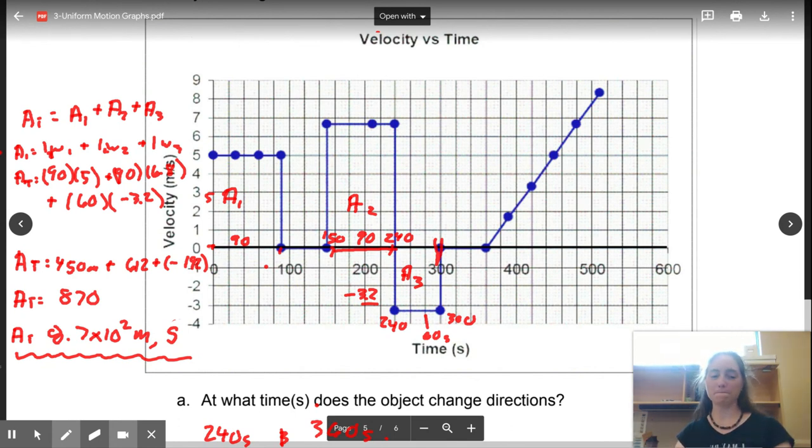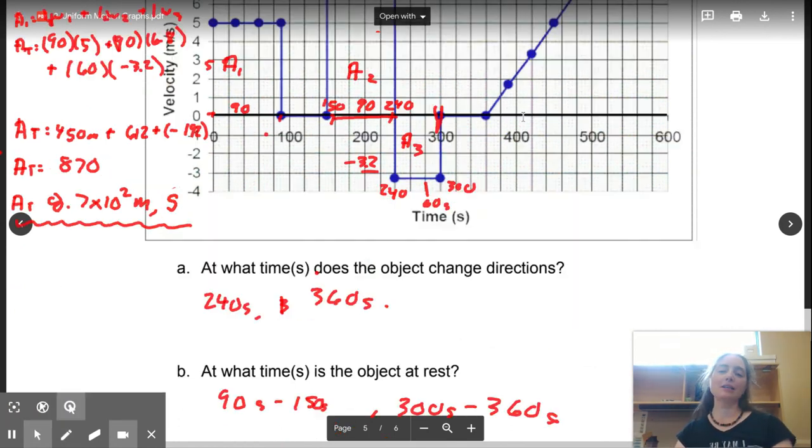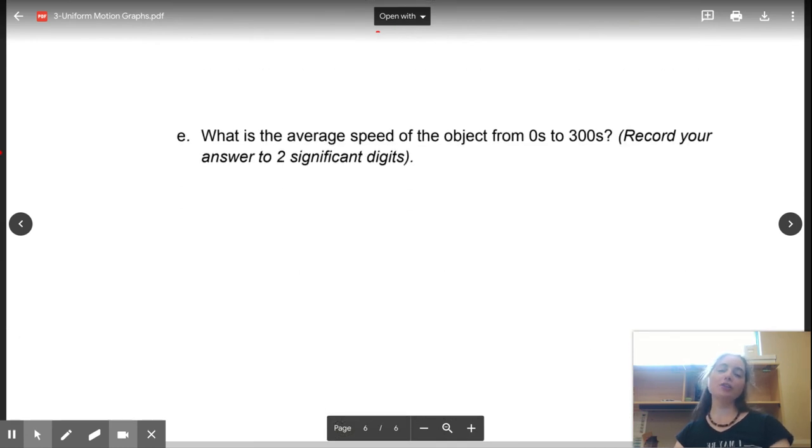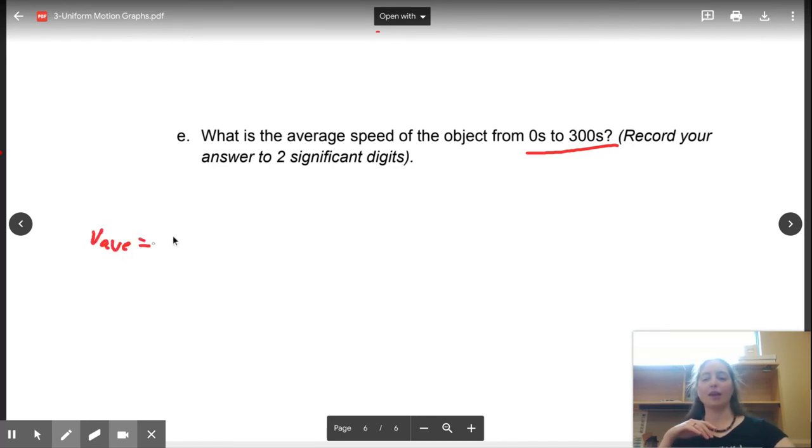Okay. All right. So one question left. What is your average speed of the object from 0 to 300 seconds? Well, we have an advantage here. We've already done half the work. Average speed is distance total over time total.